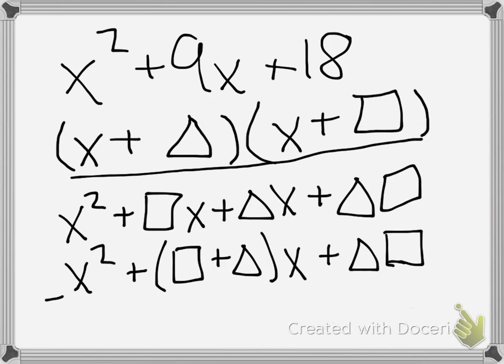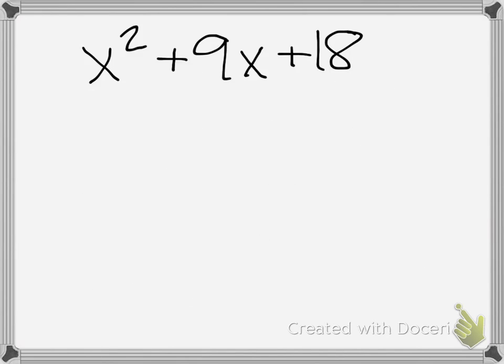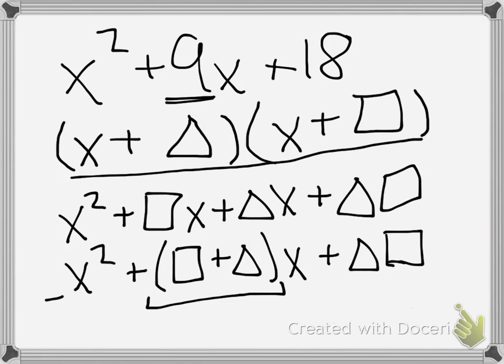So, my x squared has no coefficient. My x has a coefficient. It's square plus triangle. I need my x coefficient to be 9. That means square plus triangle equals 9. Then I need my constant coefficient to be triangle square. My constant coefficient is 18.